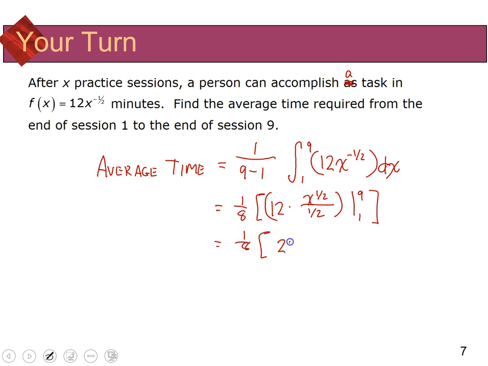That gives me 24 square root x, evaluated from 1 to 9. So I get 24 times the square root of 9, which is 3, so 24 times 3 is 72, minus 24 times the square root of 1, which is 24.